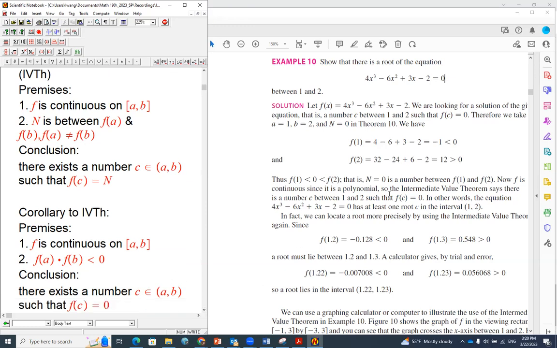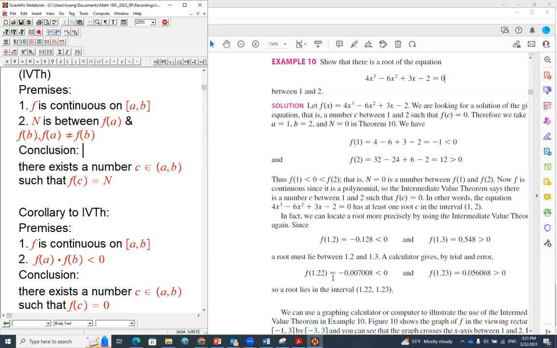So we know there is a c. The c is going to be the root, and such a number exists. We are assured that there is a solution between 1 and 2. So this theorem and the corollary often help us determine the existence of solutions. How we find the solution is quite another matter.